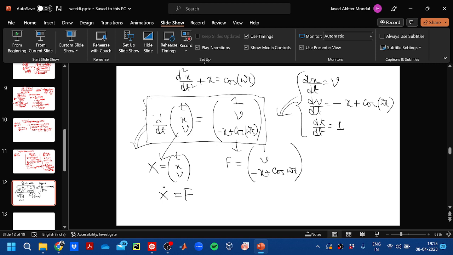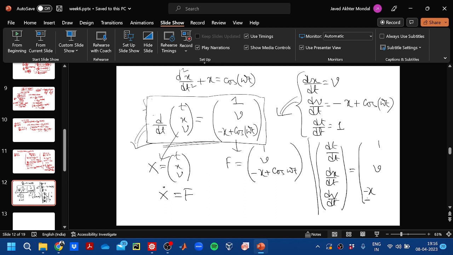So that we can easily see from here. This equation we can write down as d dt of t, x, and v. So in the left hand side we have this, and in the right hand side we have 1, v, minus x plus cosine of omega t.